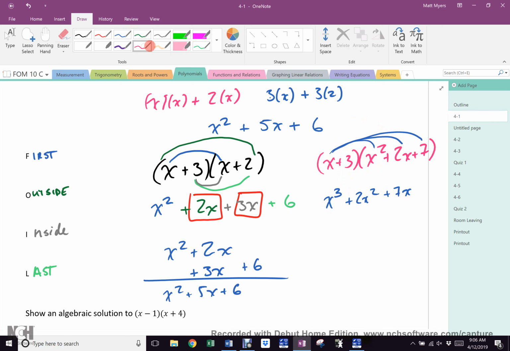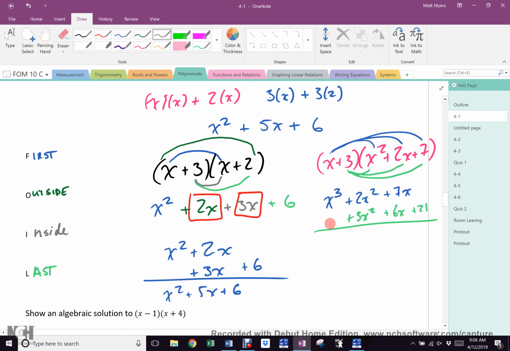It's a new term, so I'm going to start a new line. What do I get there? 3x squared. I already have some x squareds, right? So I just line them up vertically. What do I get here? 6x. What do I get here? Plus 21.